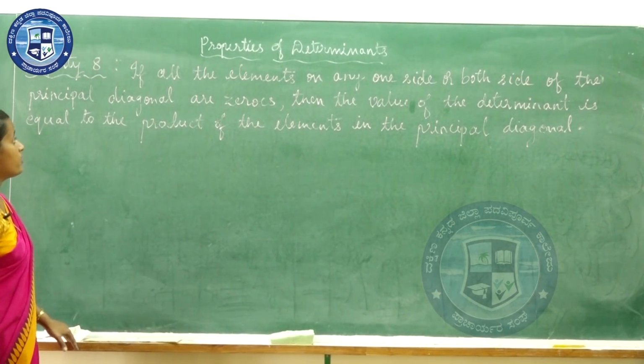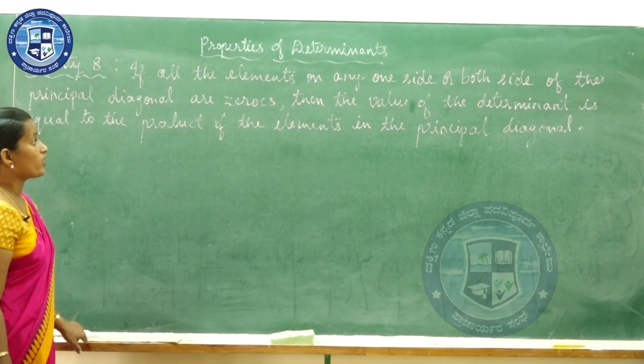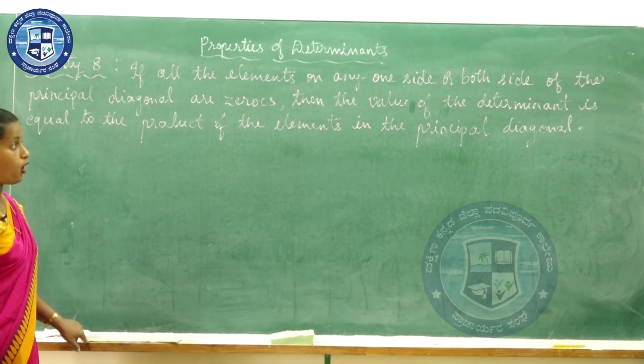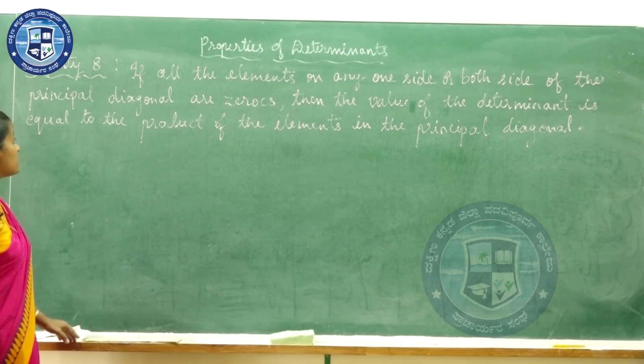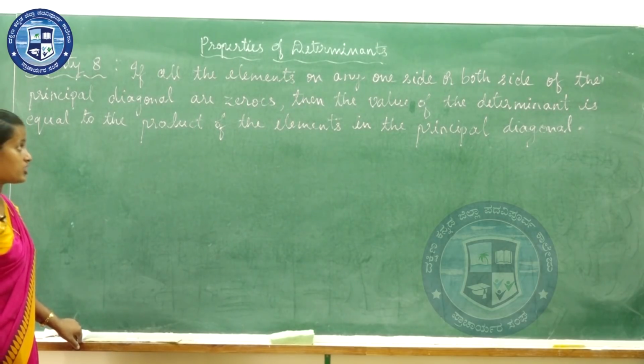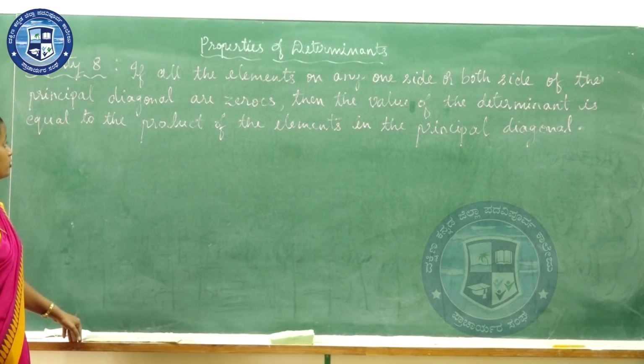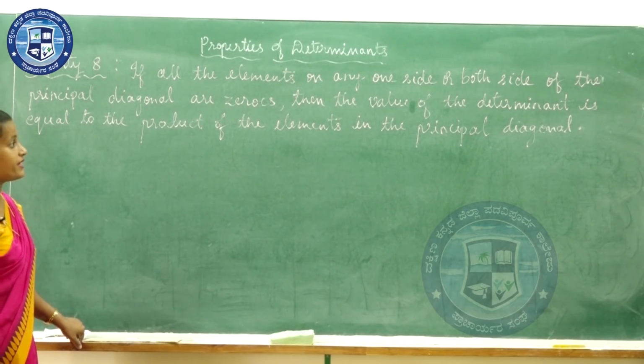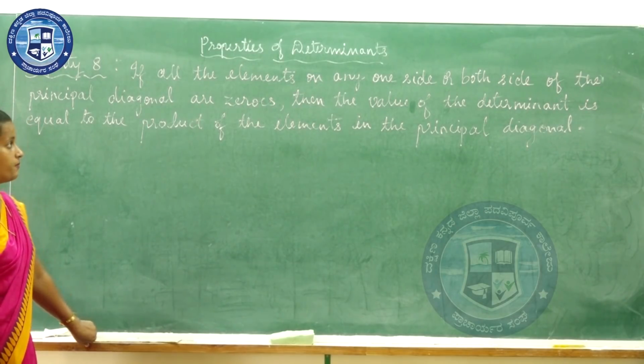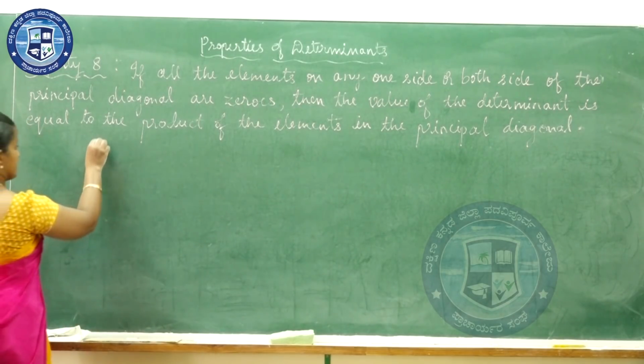Property 8: if all the elements on any one side or both sides of the principal diagonal are zeros, then the value of the determinant is equal to the product of the elements in the principal diagonal. So let me explain this with an example.